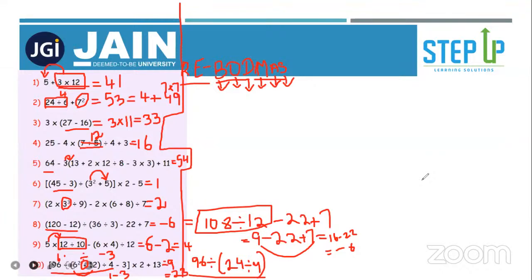If you have taken 6 square minus 12, then the answer is 9. If we have taken 6 square divided by 12, then the answer is 23. That's all. Okay with that?